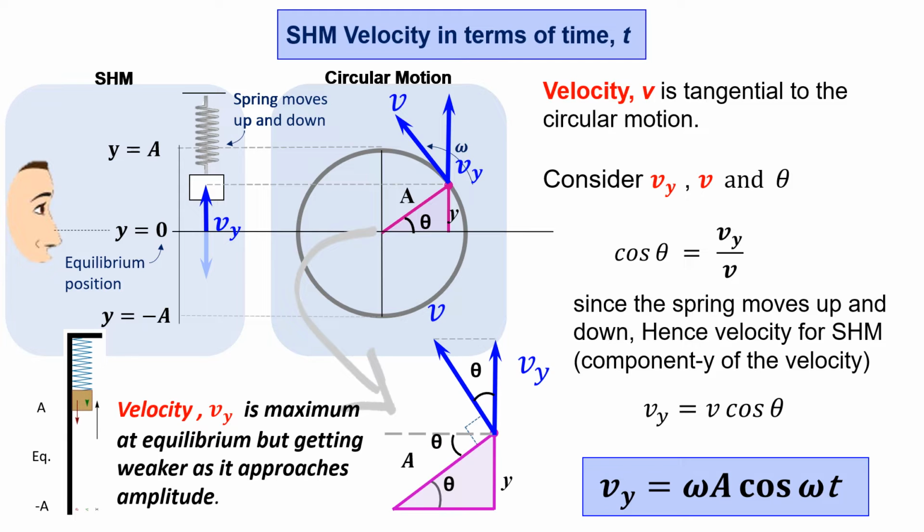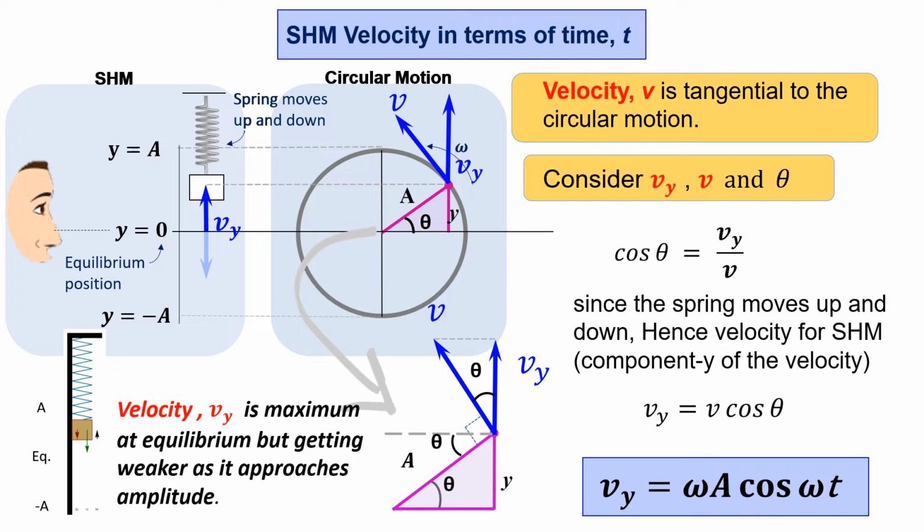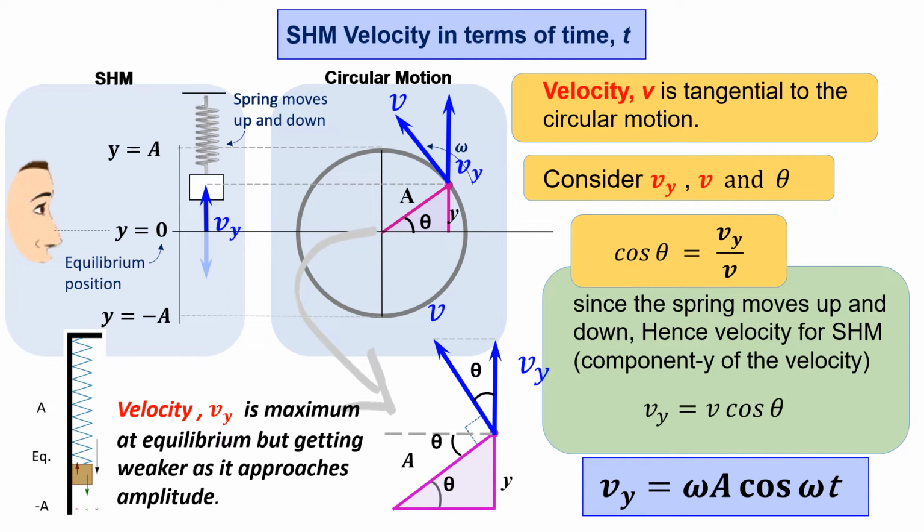Cuba fokus. Apakah hubungan Vy, V tangential dan theta? So, consider Vy, V and theta. So, kita dapat cos theta is equal to Vy over V. Rearrange the equation, kita dapat Vy is equal to V cos theta.